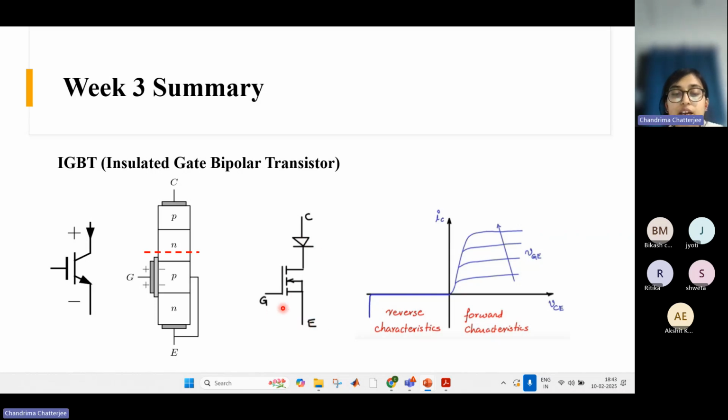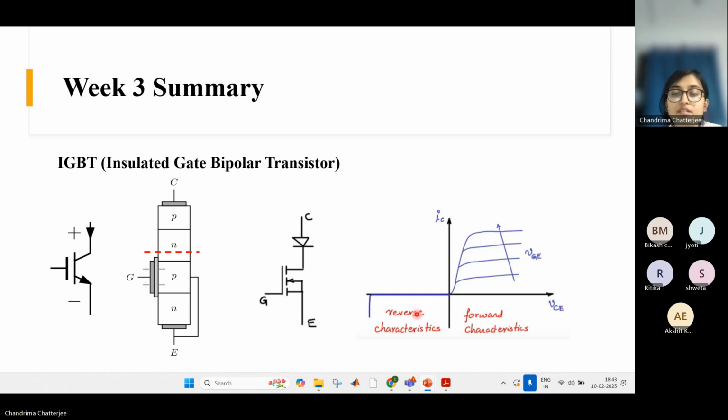But here what you will see is that this device can't conduct current in the reverse direction. It can only conduct current from this to this, because there is this diode. That's why it will not allow current in the reverse direction. IGBT can conduct current only from collector to emitter.